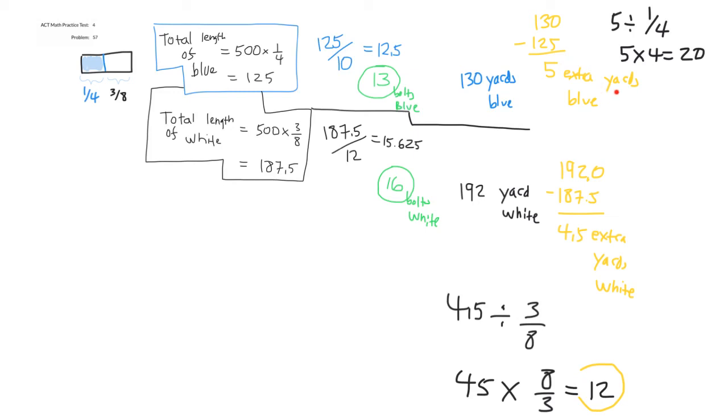But the bottom line is, we want to know how many extra banners we can make, and the banners require both white and blue. So we're limited to 12 because there's only 12 white blocks within our extra material. So hopefully that makes sense. We're limited to 12 extra banners, and that is the answer. The answer is answer choice A.